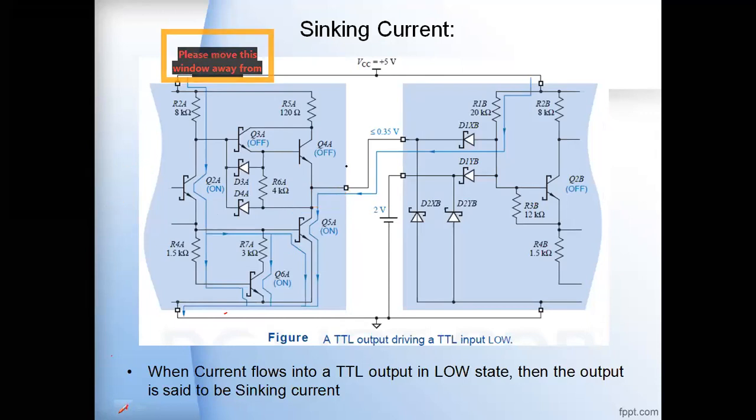So in the IOH maximum case, assume the output is at high state. With respect to the output current IOH, it is the maximum output current when the output is at high state. In that case, the current is going out of the output gate, so it is a negative current, and because of this high state, the diode is in reverse bias. Therefore, the current will be in the microampere range.